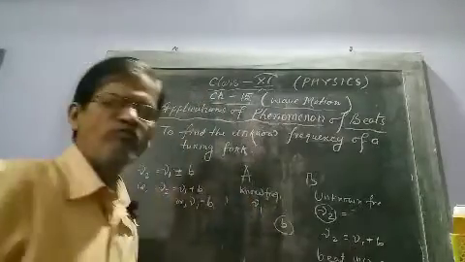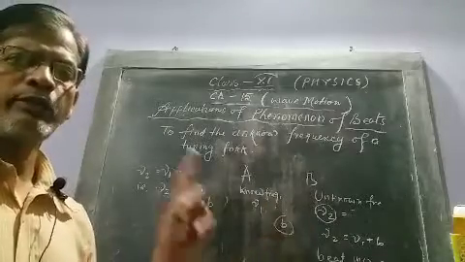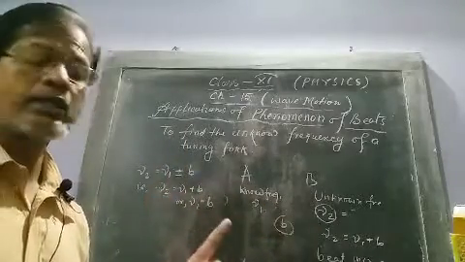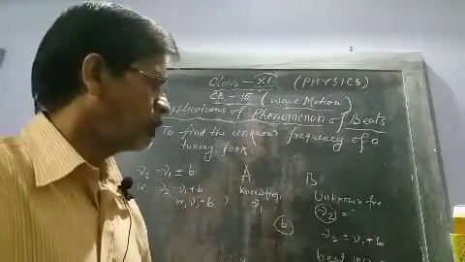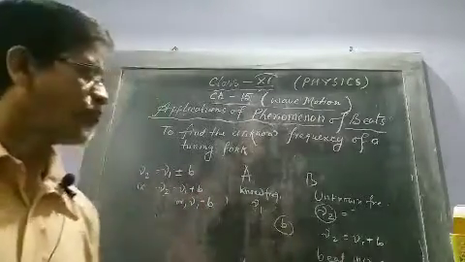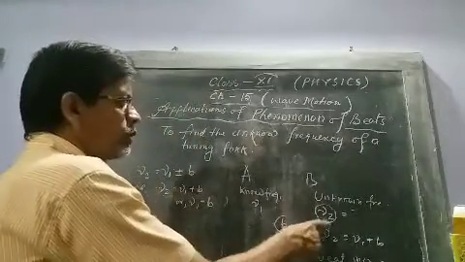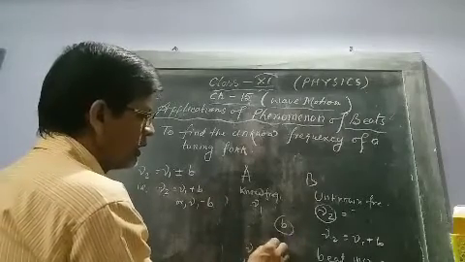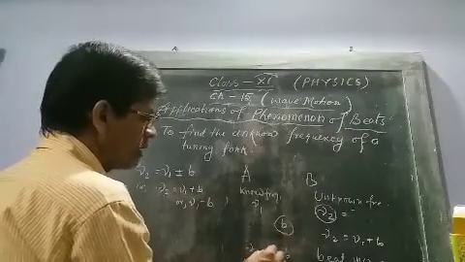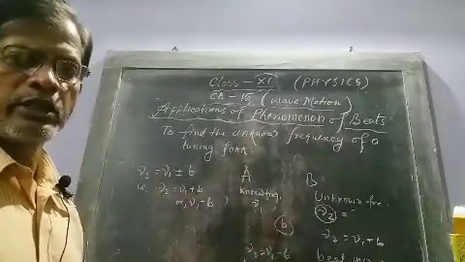So it is said that if on filing the beat frequency increases, then the frequency of the unknown tuning fork is nu2 equal to nu1 plus b. Suppose nu2 is smaller, so nu2 equal to nu1 minus b. Now it is filed, so its frequency increases.